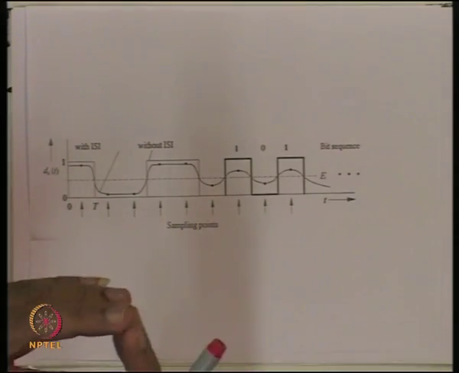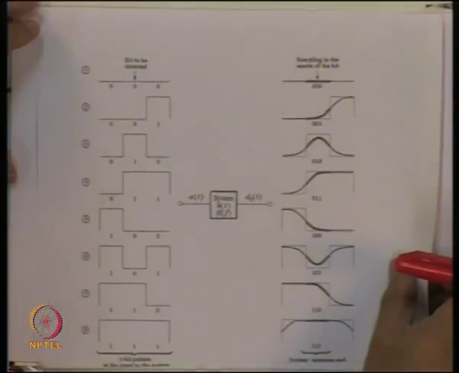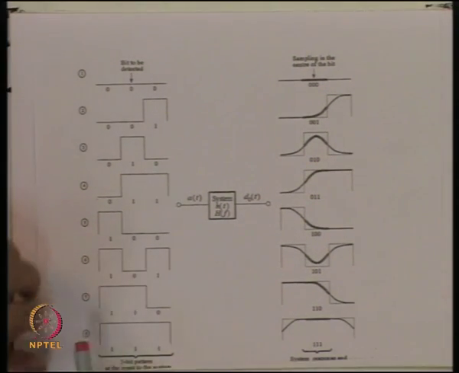So, we want to create now a mechanism by which we can measure this distortion which is going to be there in the data. So, let us now consider all possible transitions which the data can go through. Let us consider, let us say, 3 consecutive bits.